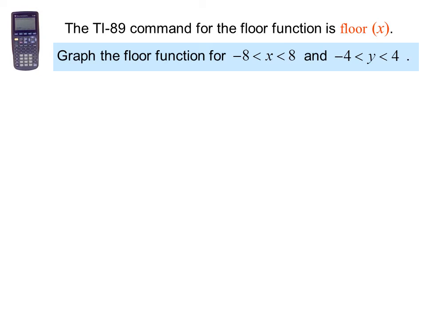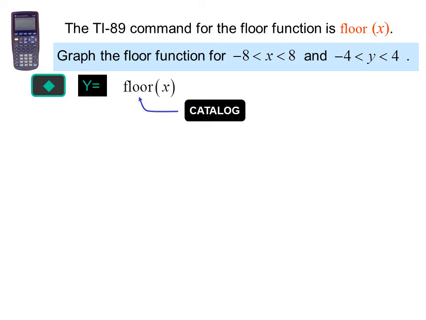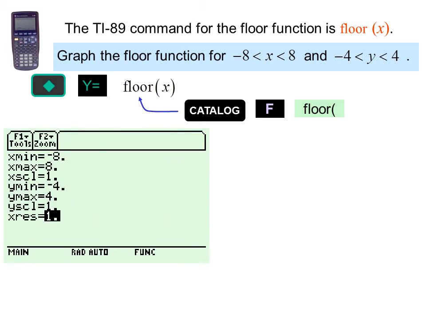Graph the floor function for x between -8 and 8 and y between -4 and 4. We press diamond y equal, enter floor x, and the easiest way to find that is to press catalog F and then select floor. We set our viewing window.